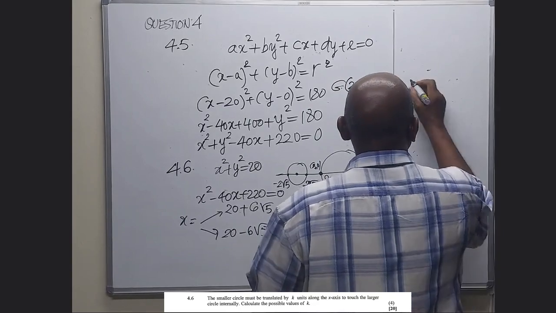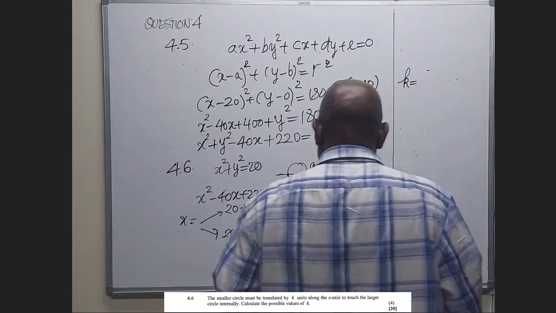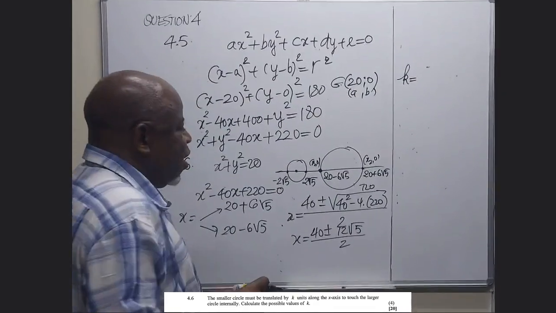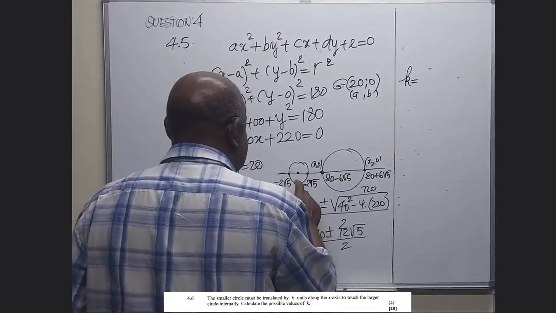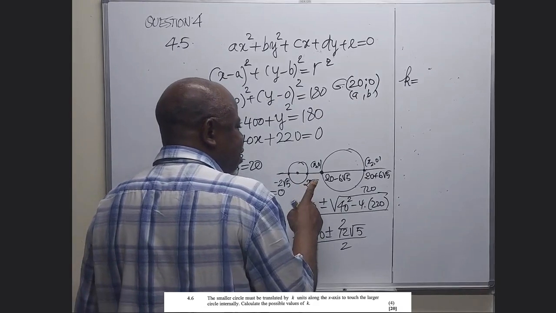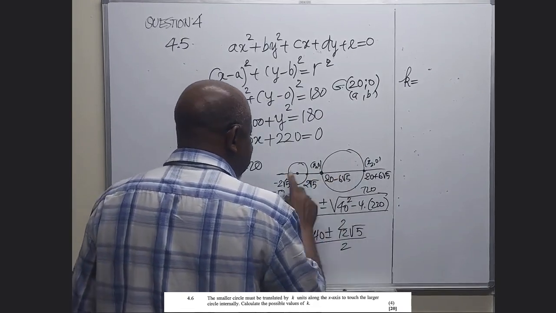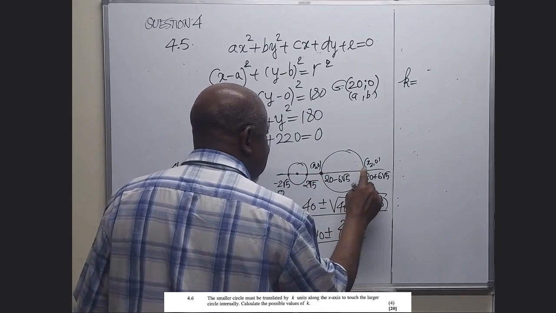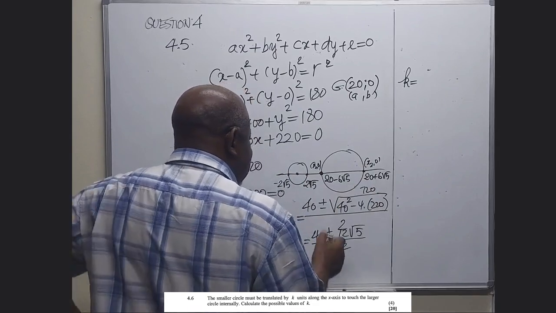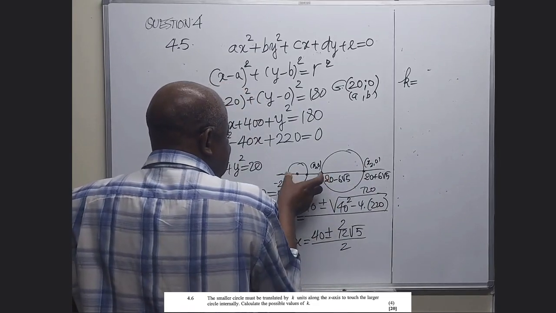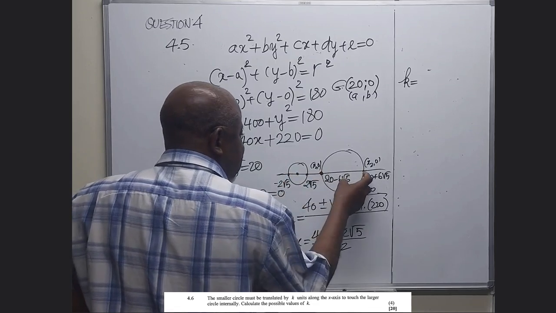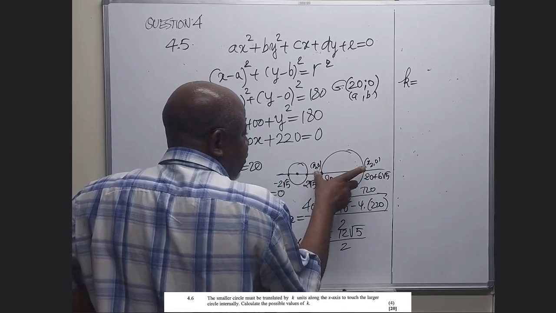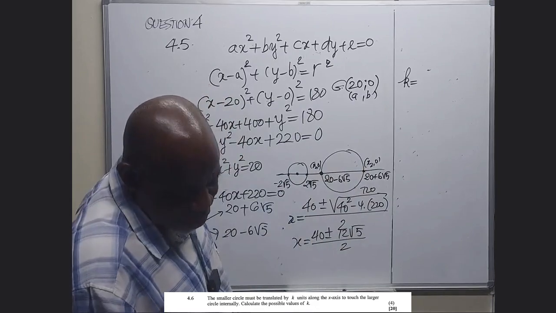The value of k: this smaller circle will be tangent internally. It means this point here will come here, and this one here will be there. For the first value of k, we're going to calculate this distance here, and the second one will be this distance here. So I'm going to start with the first one.